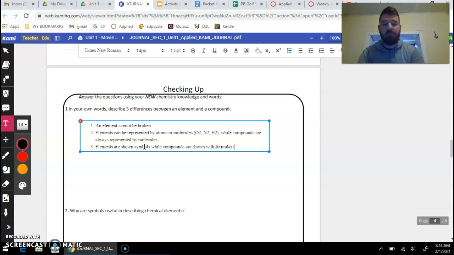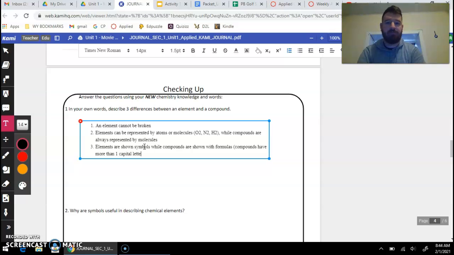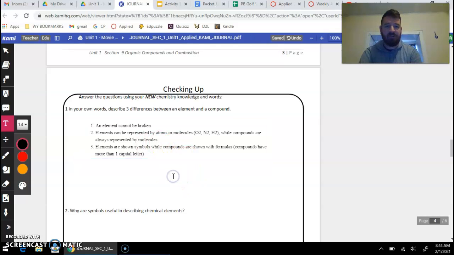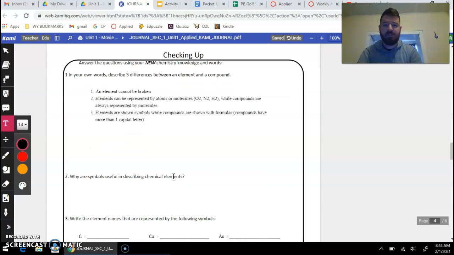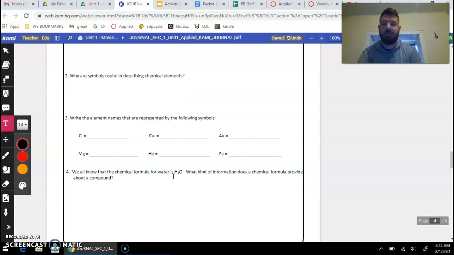Or you might say compounds have more than one capital letter. All of those would be acceptable answers there. And you could even have some more differences that I didn't even describe. And if you want to get them confirmed before you take the quiz, just shoot your chemistry teacher an email. We should be by our computers today.